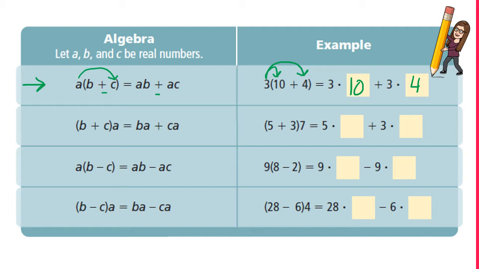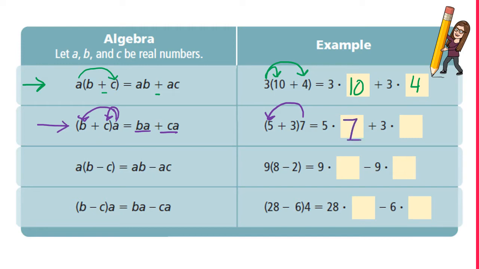What about if the value is on the right side? Well, it doesn't change anything. That A is affecting the whole parenthesis. So I'm going to take A times B, and I'm going to take A times C. So let's take a look here. 7 times 5. Well, if the 5's already there, let's fill in a 7.